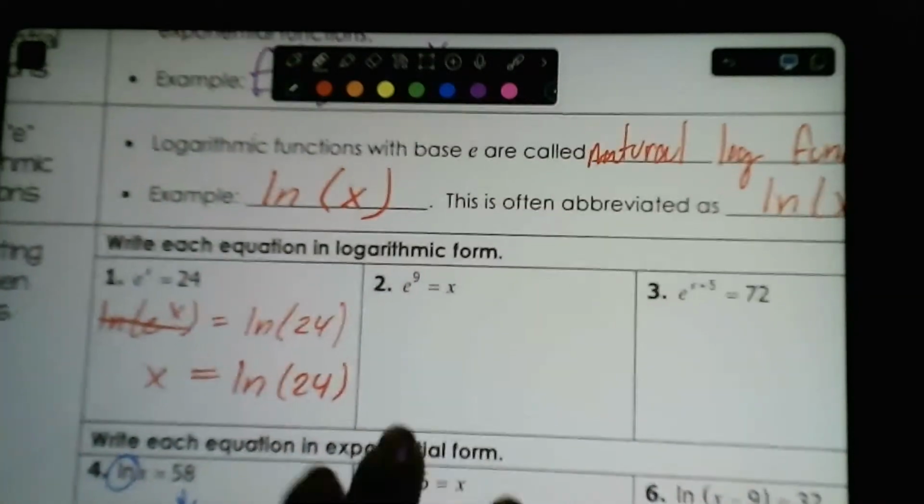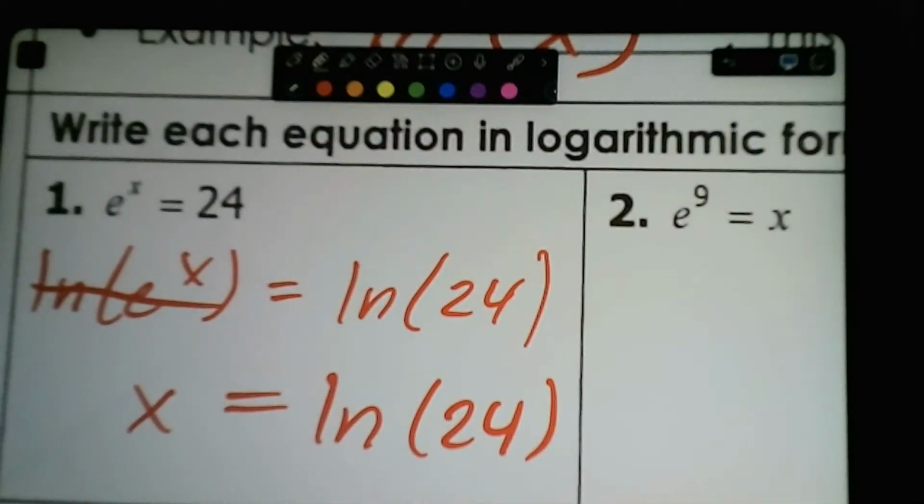As you can see here in number 1, the person who started writing these notes for me, thank you very much, stacked a natural log right up against an exponent base e. They undo each other, leaving you with just the exponent.